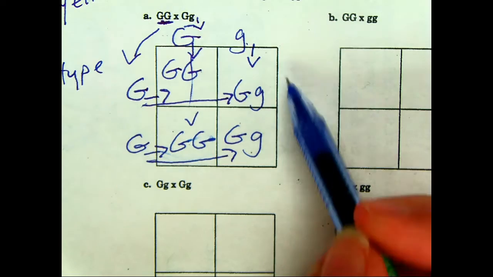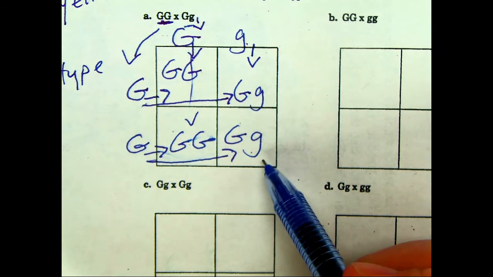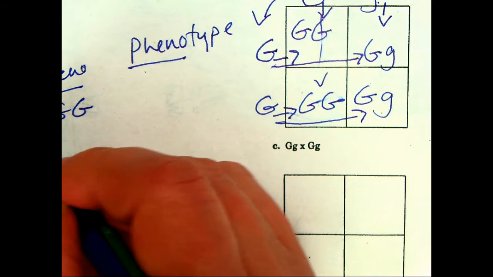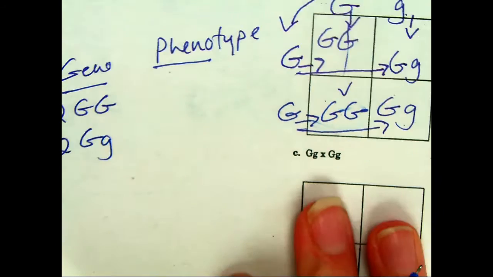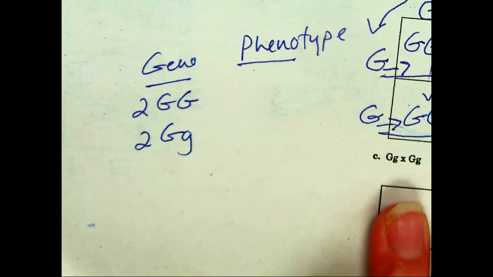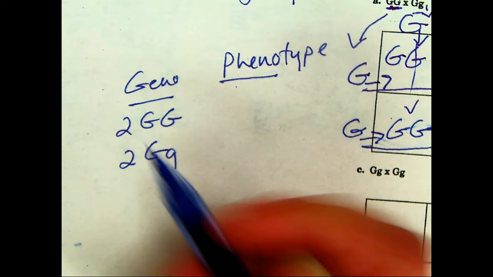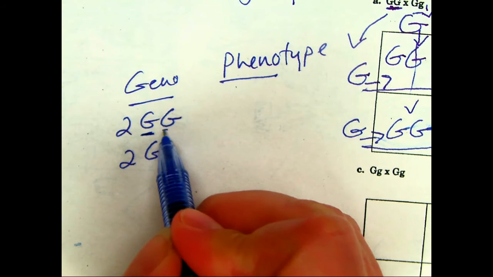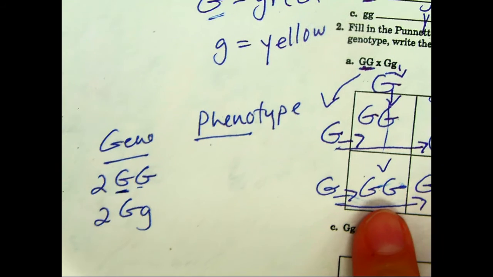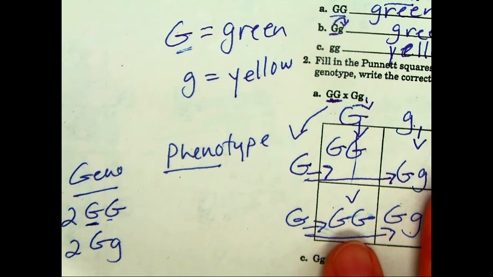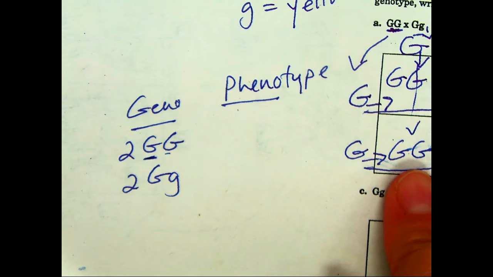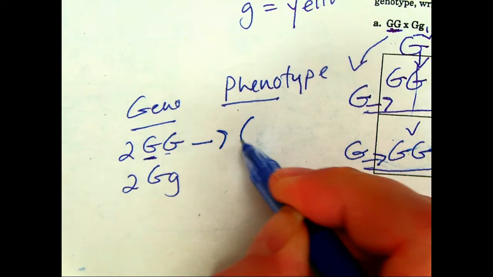And we have two big G, little g's. Okay? Now, by our standards, big G is going to code for what we talked about up here. Big G stands for green. Okay, so my phenotype for this offspring is going to be green.